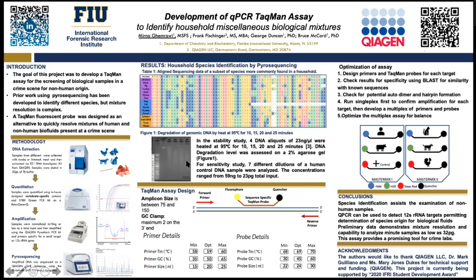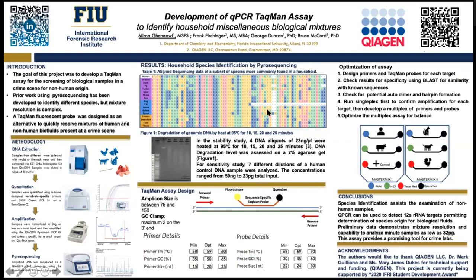We looked more in depth at how stable it is, so we heated the DNA up to 95 degrees for up to 25 minutes to see how degraded the samples are, and we found that even when degraded, it can give us positive results. For sensitivity, it goes as low as 23 picograms to give us a full profile.